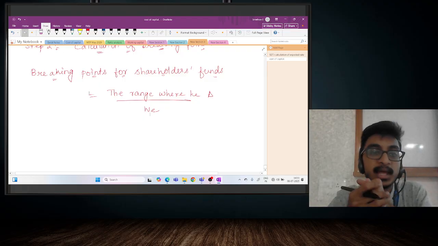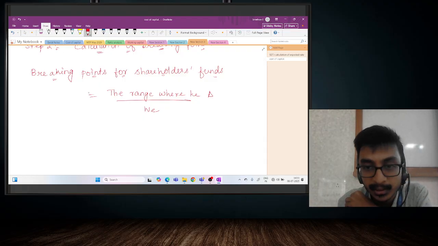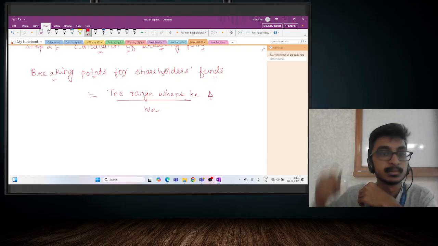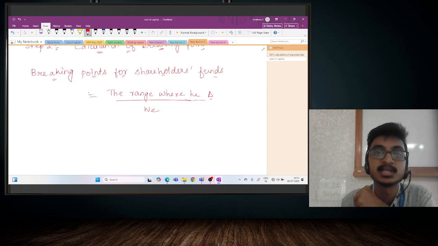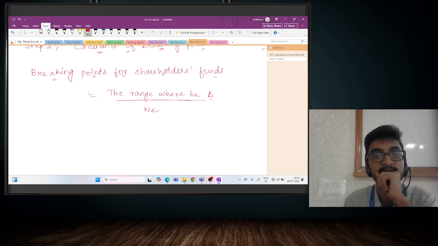Sorry, weight of equity, not KE. The range where KE changes divided by weight of equity. This is nothing but change symbol, right? The rate where KE changes divided by weight of equity.